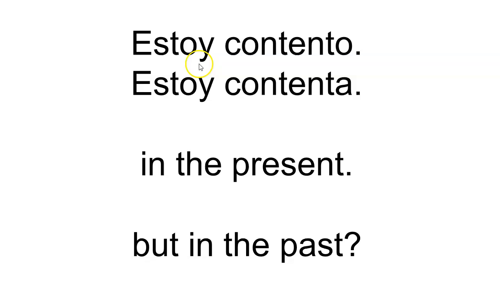So, for example, estoy contento or estoy contenta in the present tense comes out to be what in the past? Well, just conjugate this in the imperfect and you've got it. Estaba contento, I was happy. Estaba contenta, I was happy.